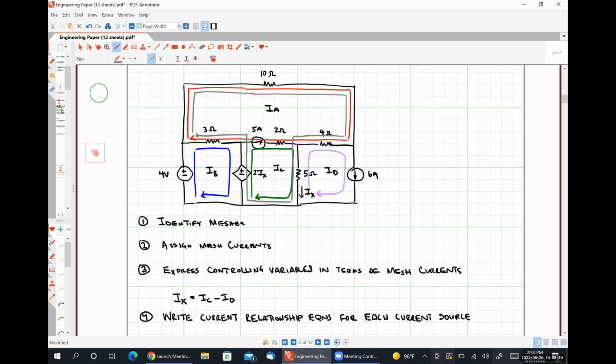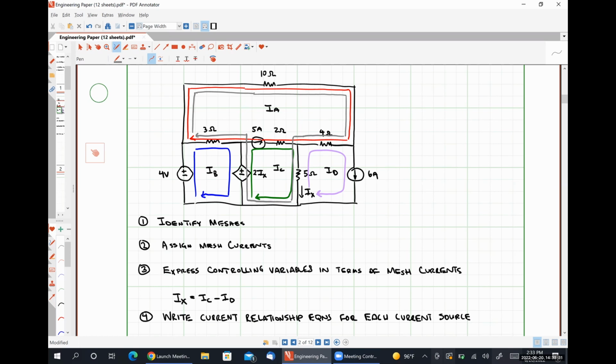But that's perfectly okay, because the sum of the voltage drops around any closed loop must be 0. So the sum around 2 closed loops has to be 0 as well, because 0 plus 0 equals 0.